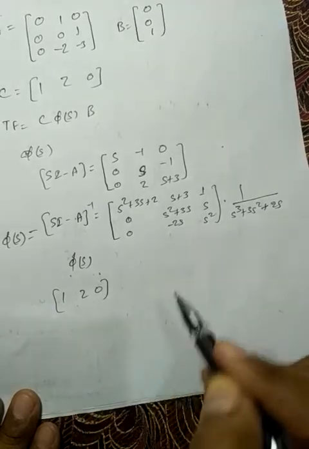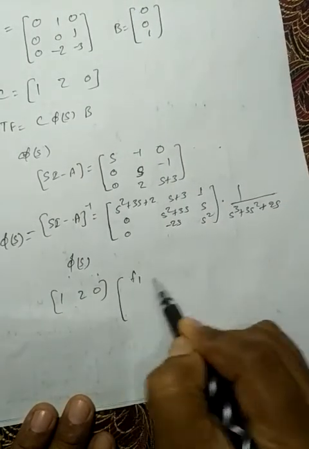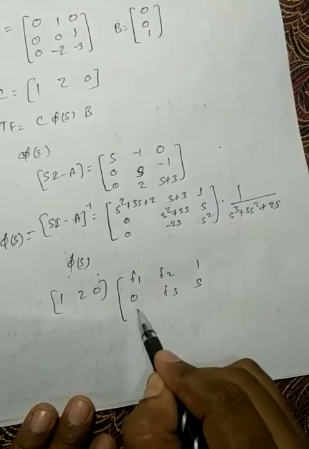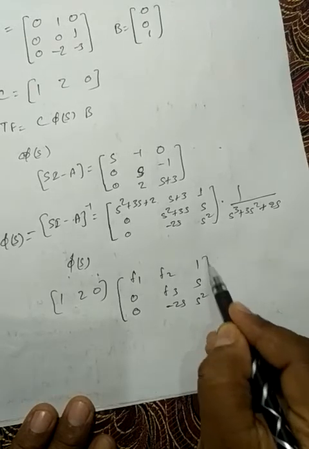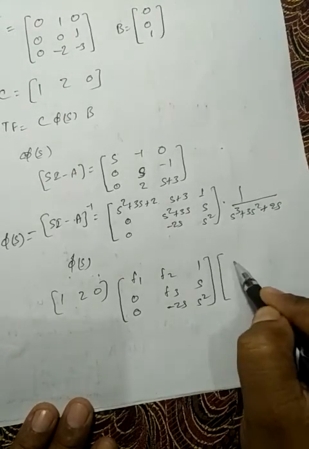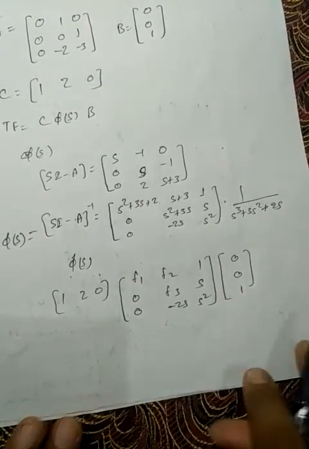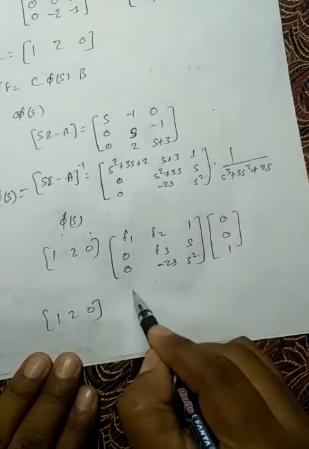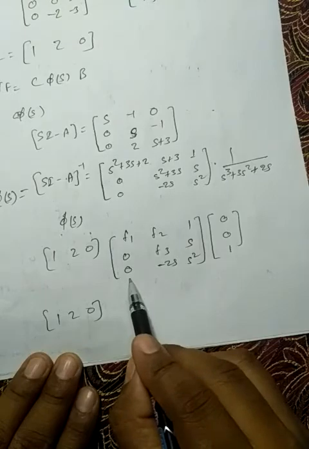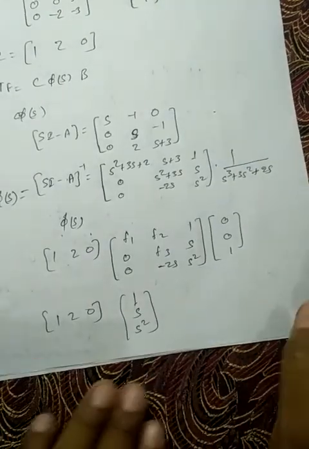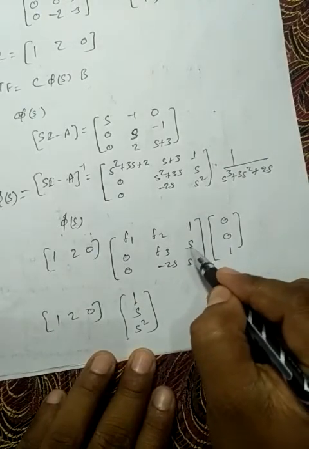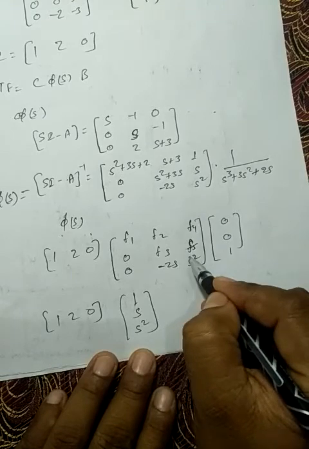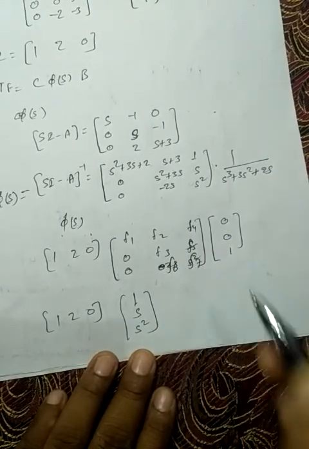So C phi(s) B is 1, 2, 0, times the matrix, which let's take as F1, F2, F3, F4, F5, F6, F7, and so on, times 0, 0, 1. So first of all, multiply the matrix.